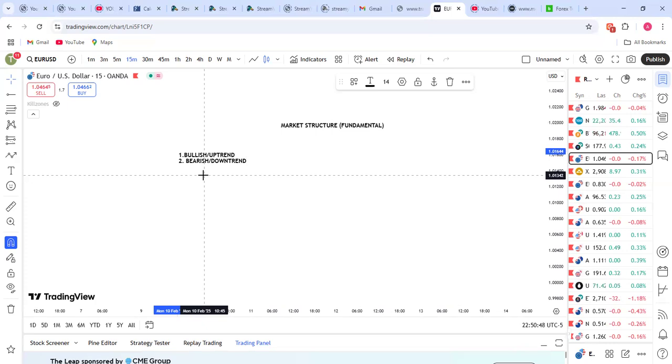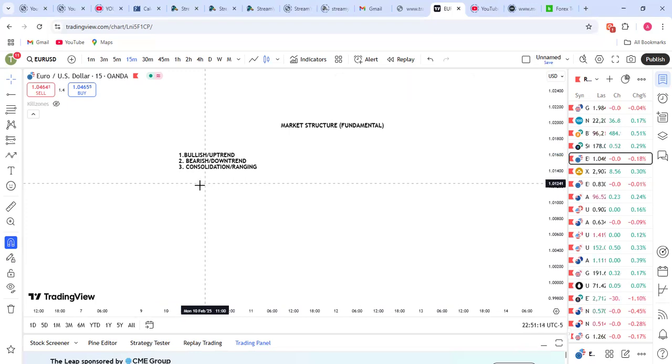And the third one is consolidation or ranging. So these are the three ways the market moves. It's either the market is bullish or in an uptrend, or the market is bearish or in a downtrend, or the market is consolidating. That is, the market is ranging.